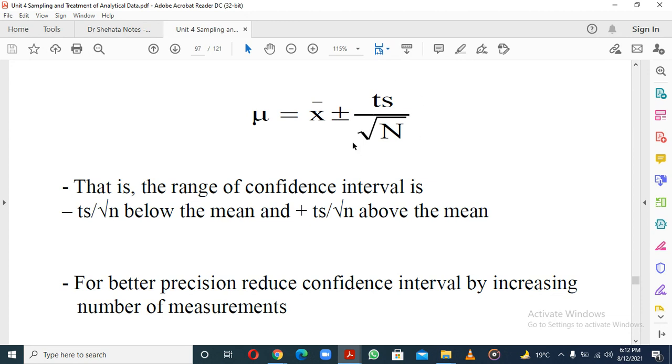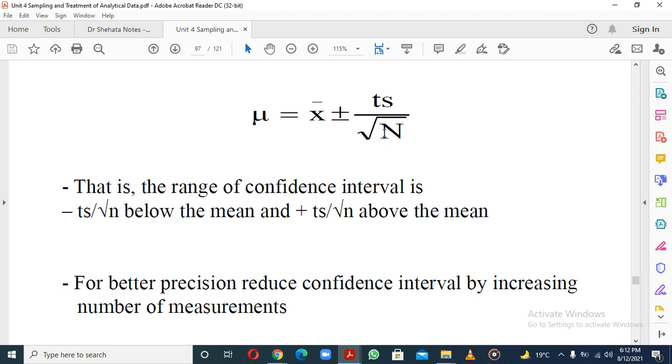If someone, let's say, is having an experiment with 10 samples, then of course the t value may be relatively constant, and the standard deviation as well, but if you increase the number of measurements, then you are going to reduce the value of ts over square root of n.